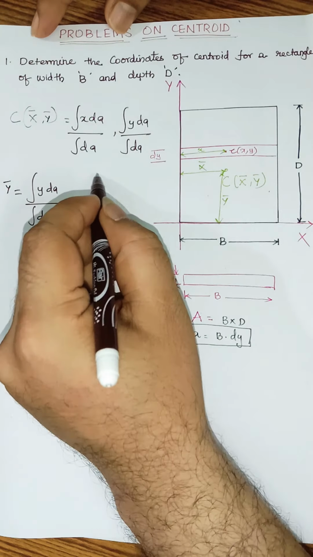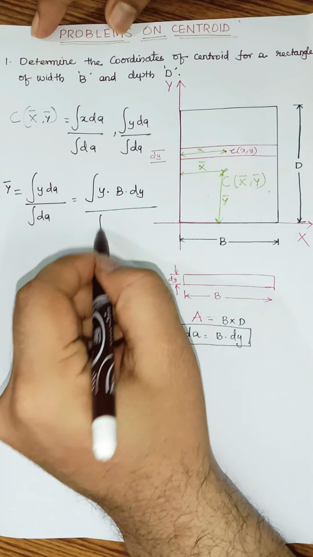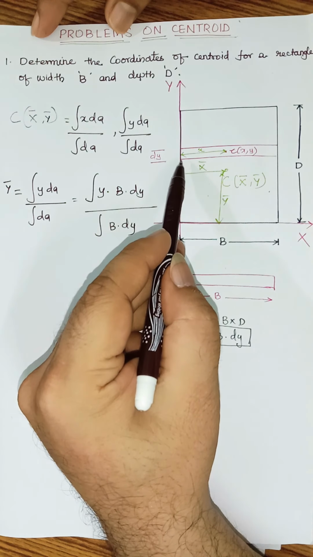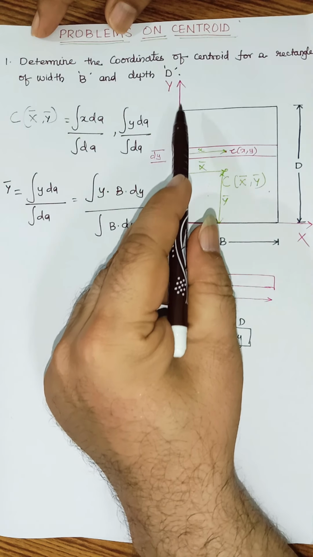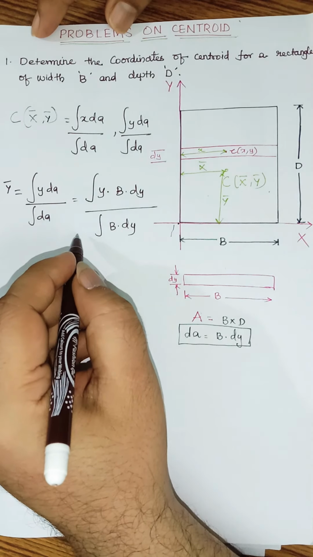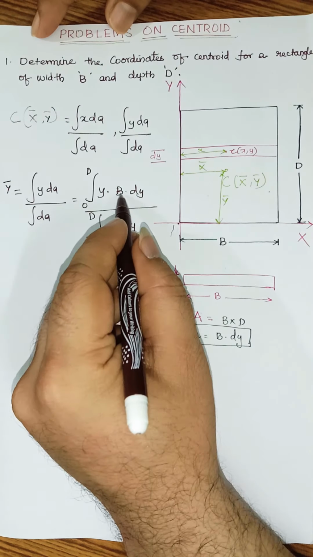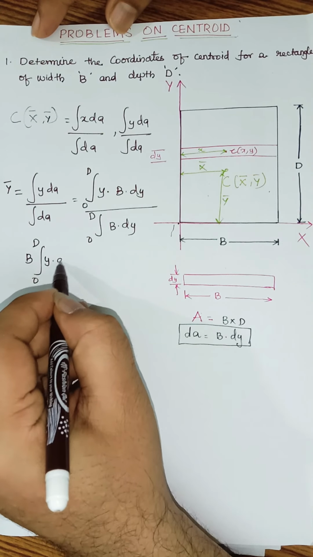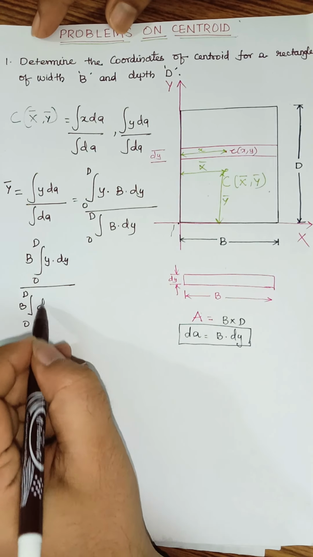So I'm writing this again: integral of y multiplied by b into dy by integral b dy. Now the strip can be moved from 0 up to capital D, so the limits of integration will be 0 to D. Now B is constant, so I'll take it outside: B integral 0 to D y dy by B integral 0 to D dy.